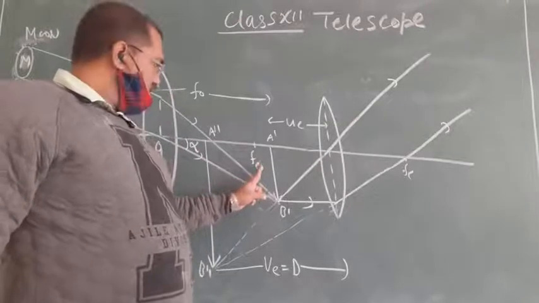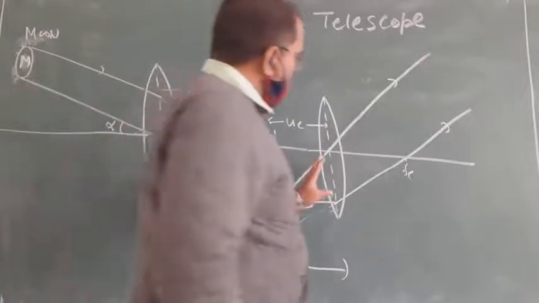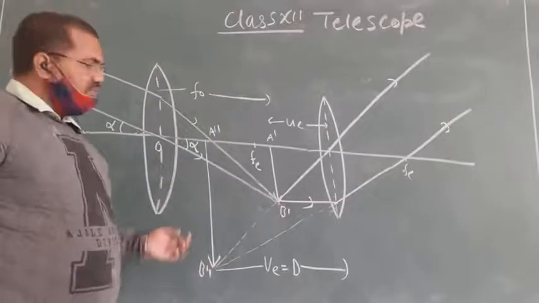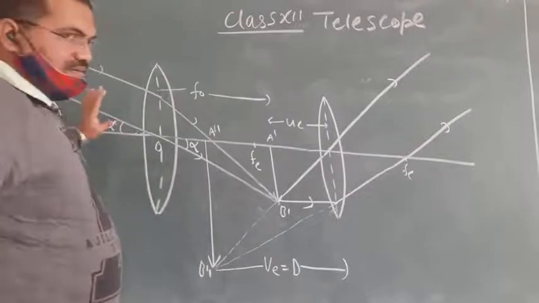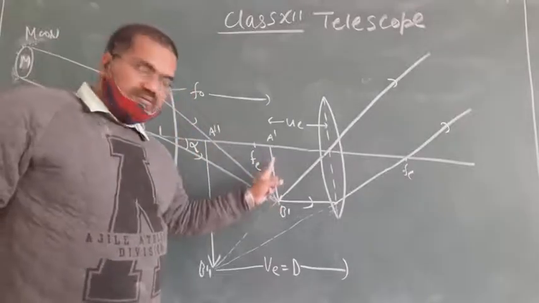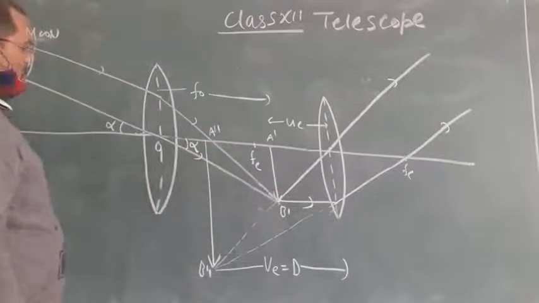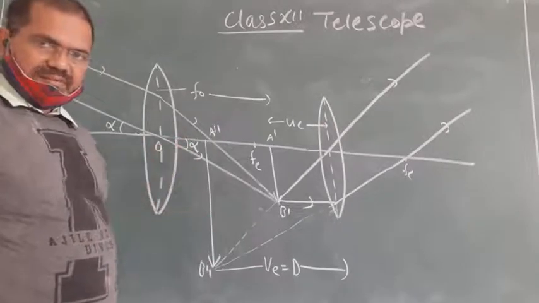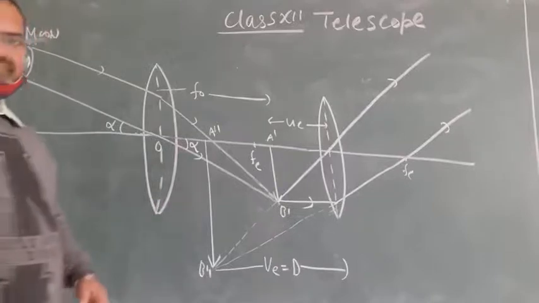After refraction, finally A double dash, B double dash will be formed, which is quite magnified. Erect with respect to the object for the eye lens, but inverted with respect to the main object. Okay, and magnified. Clear? Make the diagram first, then we will discuss it.